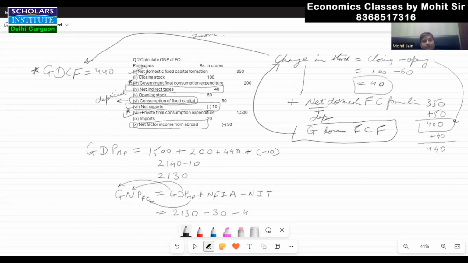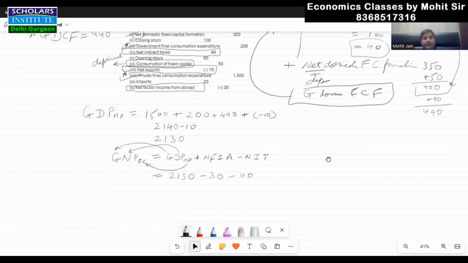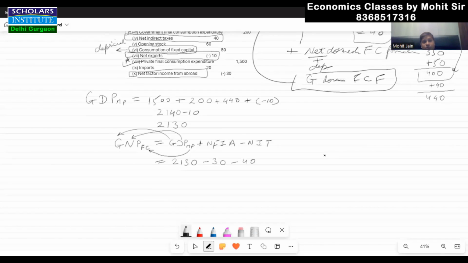From 2130, if we subtract 30, I get 2100. From that, if I subtract 40, I get 2060. Okay. 2060 rupees crores. This unit has to be written. Never miss this. Whatever values they are given, a unit. So this is your answer.